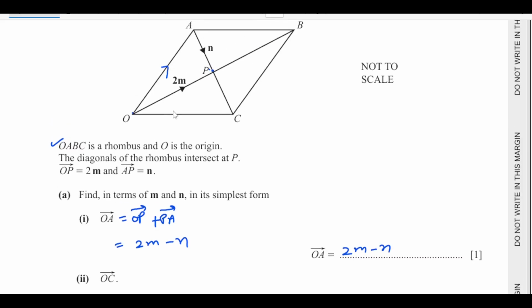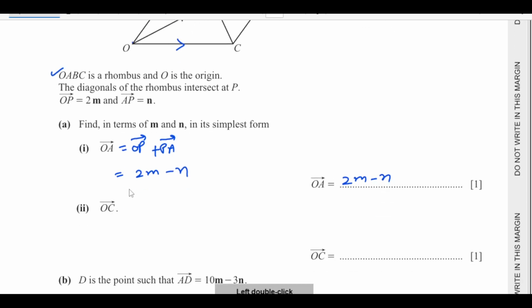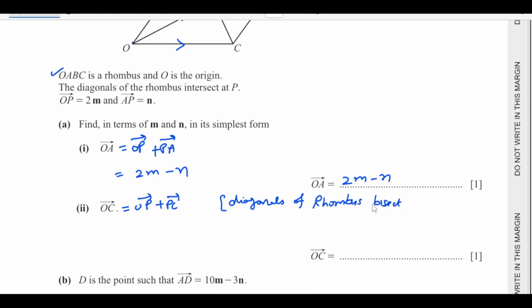Now OC. O to C, we are looking for now this O to C. So O to C we can go like OP plus PC. It is OP plus PC. Now because this is a rhombus, we are using this property, diagonals of a rhombus bisect each other, right?